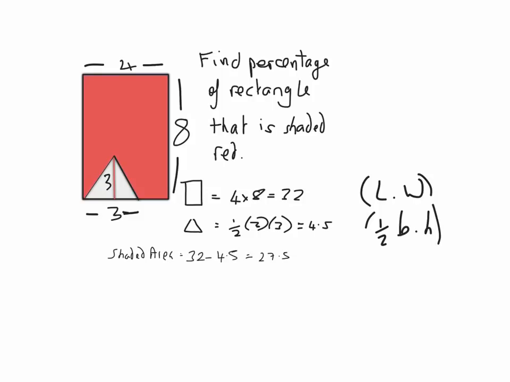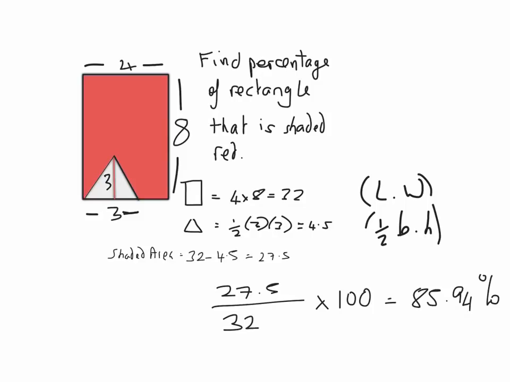Now, of course, the question asks us to get the percentage of the rectangle that is shaded red. So to make this into a percentage, we've got to make it into a fraction first. So we put the 27.5 over the total area of the rectangle. And then we multiply by 100 to get the percentage.